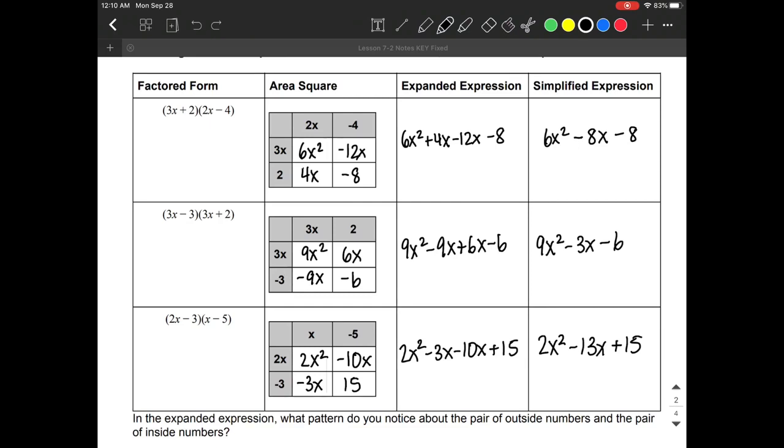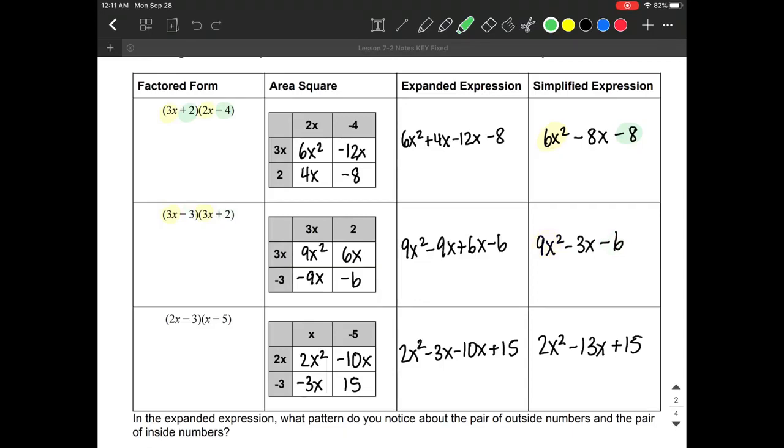Well, one thing that I do see is the first two terms multiply together to be the first term here. The second two terms multiply to be my constant. But is there a way that I can take that middle term, negative 8, or that negative 3, and easily go back to my factored form?